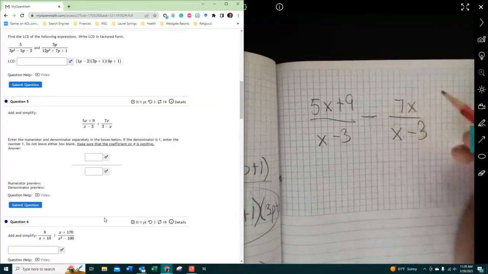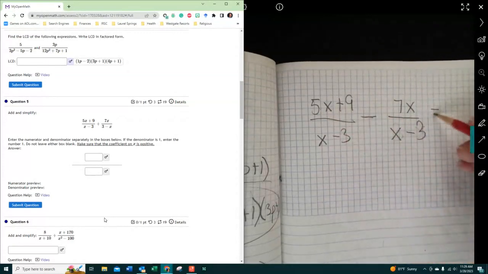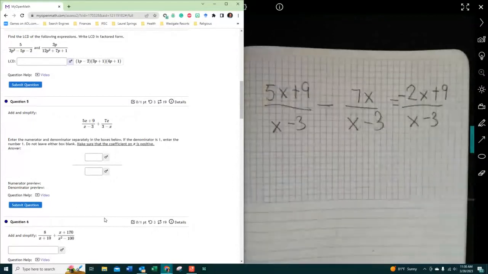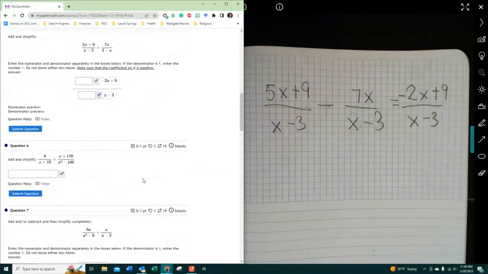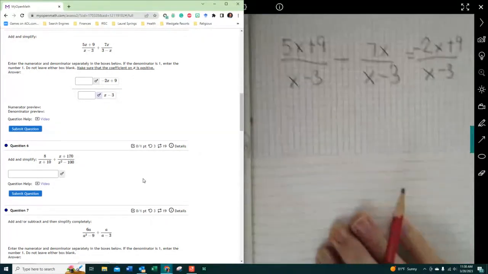So all I got to do is switch the signs of this, and then 5x minus 7x is going to be negative 2x, and then I have plus 9 over x minus 3. So that is our answer that we're coming up with there. This one is a lot easier than most would think at first. They're not common yet. You make them common, and then you can bring them together like we did in the last lesson.